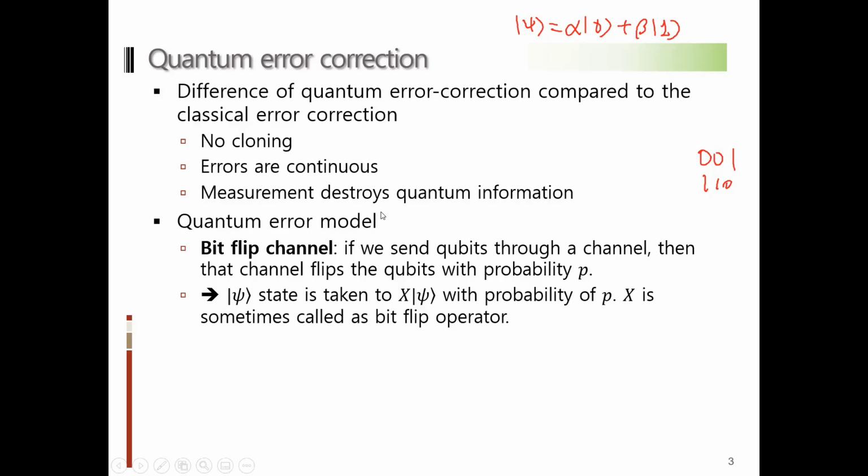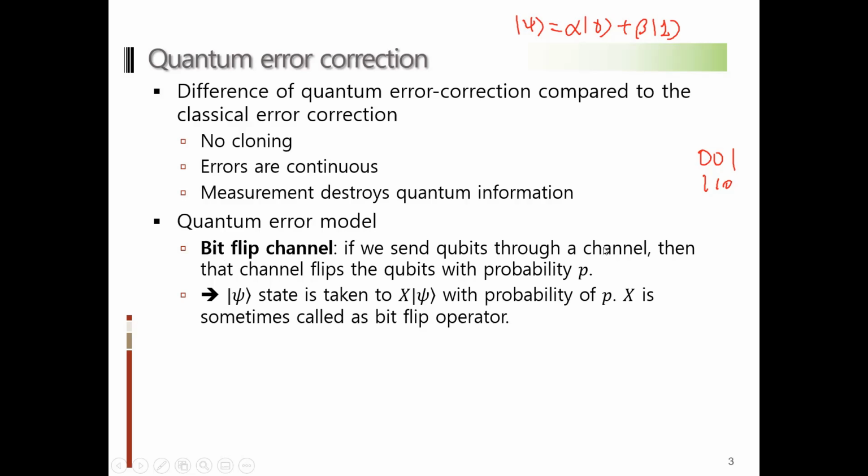To discuss quantum error correction, we should first have some error model for the quantum system. Similar to digital information, we will assume that the quantum channel also has an error model, such as a bit flip model.